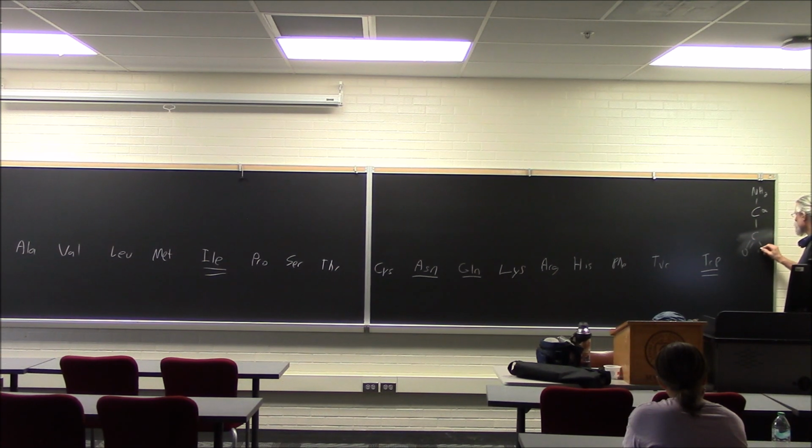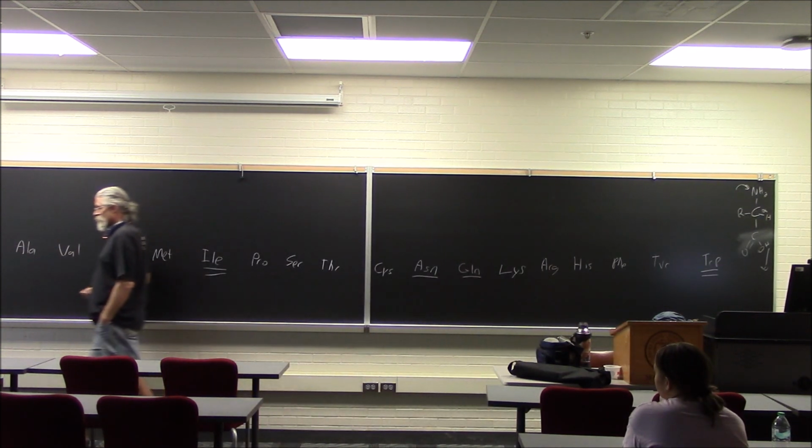There we go. COOH. And of course, that proton tends to be lost, and this tends to gain a proton. So at neutral pHs, it's actually going to be NH3 plus and COO minus down here. But that's an amino acid. There's going to be a hydrogen here, and then there's going to be an R group. There's one exception to that in terms of the structure, and that's proline.